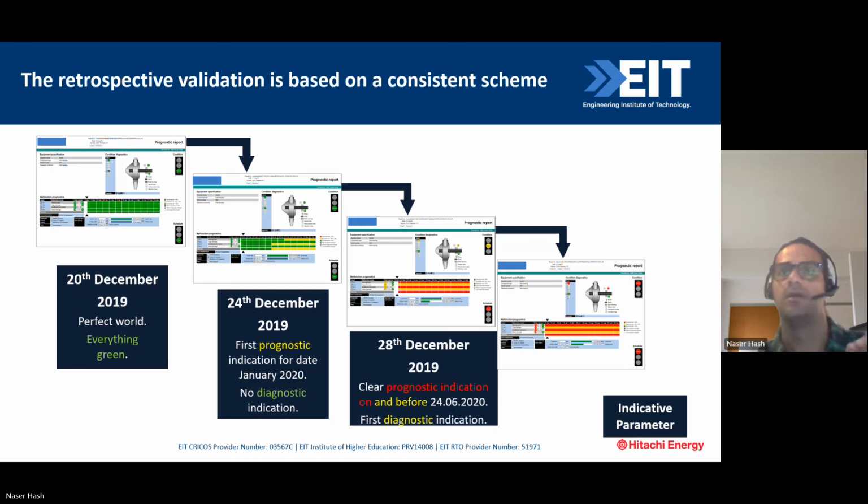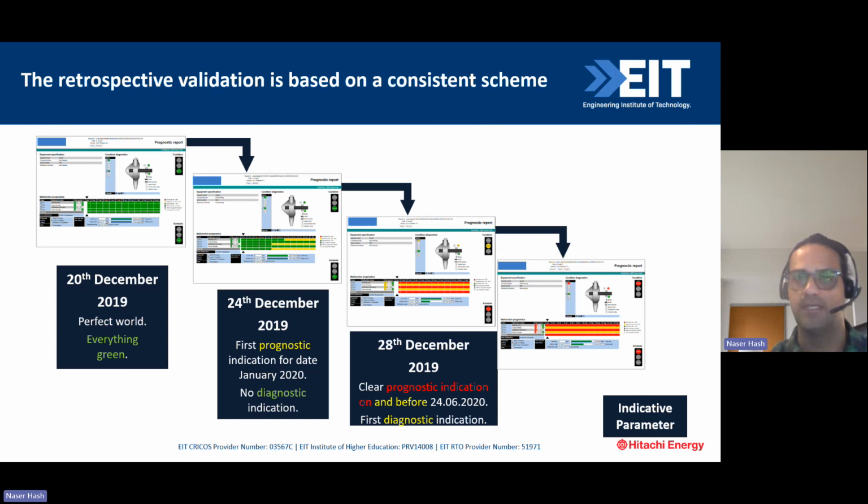So it shows that we could predict the failure 6 months before, and we presented it to the asset owner. But because we wanted to validate this model, they waited, and they found that in 2020, 6 months after, it happened.